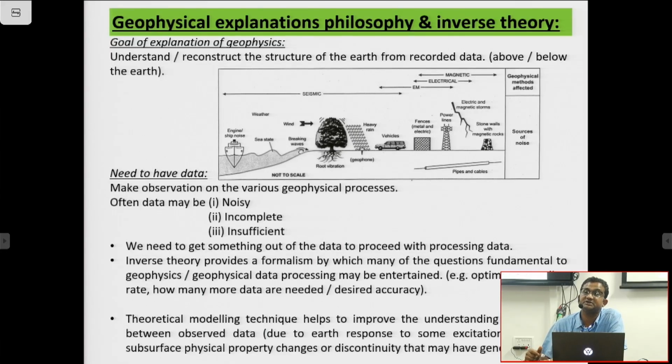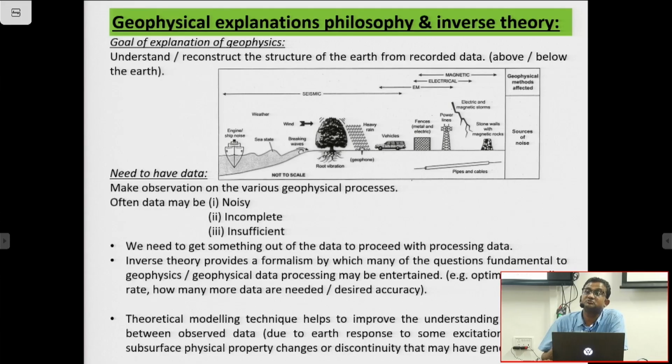Sometimes it may happen in the field that you deploy an instrument like a magnetotelluric instrument. You deploy it in the field and keep it for say 7 days, up to say 1 month. It is long period magnetotelluric data. It records the variation of the Earth's electrical field, magnetic field, and their combinations.